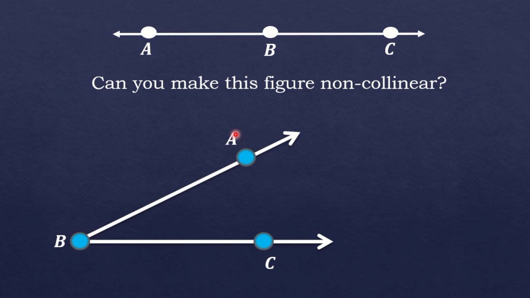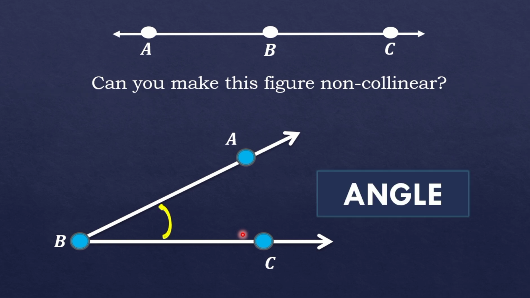Okay? So, ito na po ang example ng non-collinear. And, nagkakaroon tayo dito ng rotation. And this is what we call the angle. So, kapag meron tayong 3 points na non-collinear, we can form an angle from there. Ano ba yung angle na tinatawag natin?